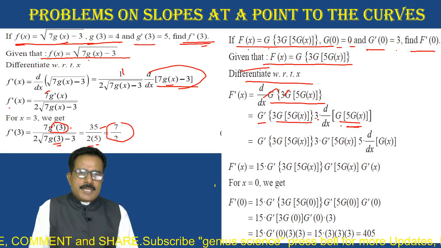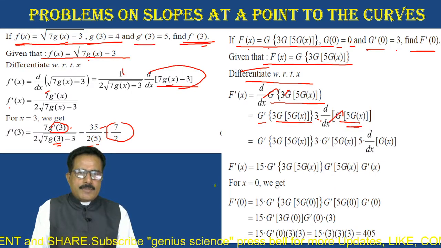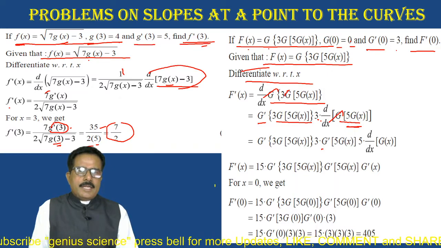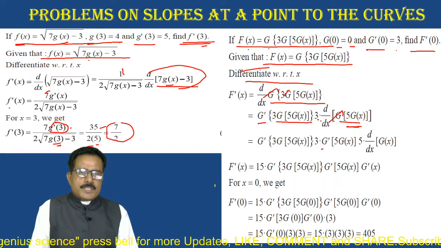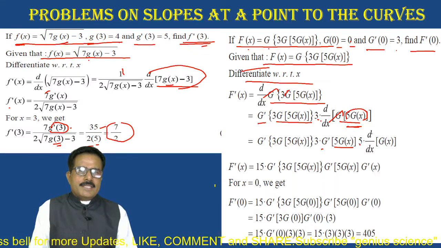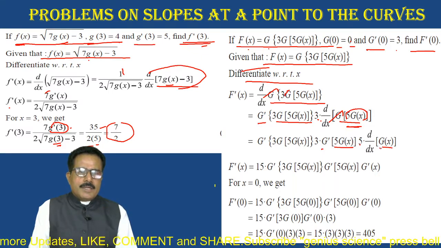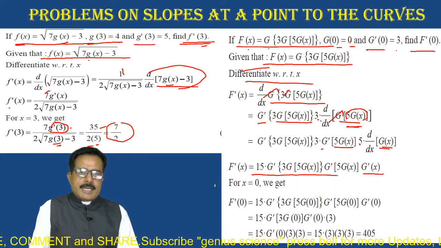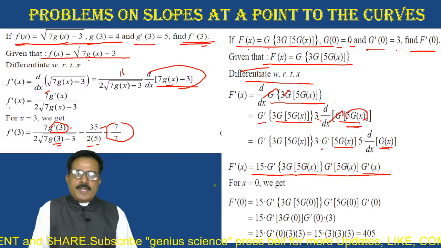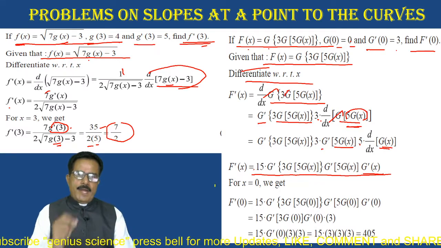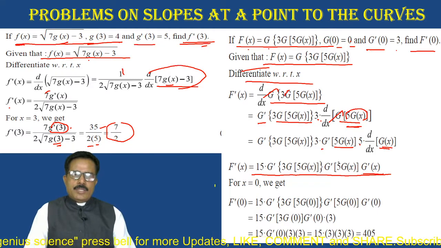Again, we differentiate this: 3 as it is, derivative of this g is g dash, and again put this function as it is. Again, we take the derivative, 5 as it is, d by dx of g of x. What is the derivative of g of x? It is g dash of x. This is the complete answer for f dash of x, but we have to find f dash of 0.